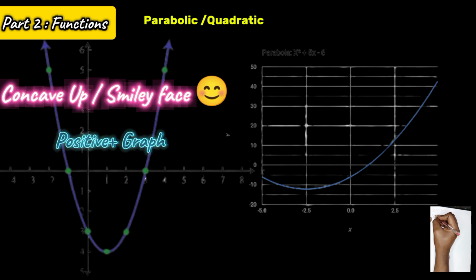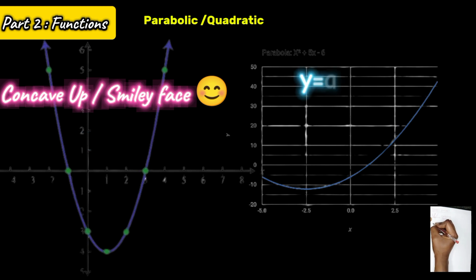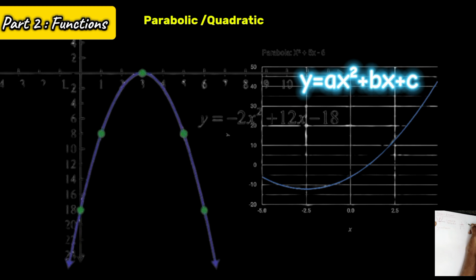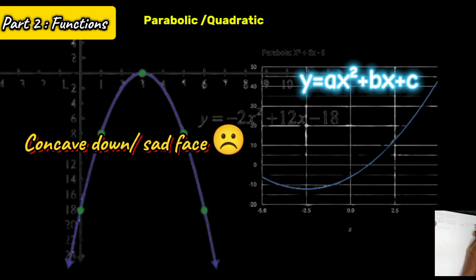So if we have this type of graph, meaning we have our formula represented as ax squared plus bx plus c. And then we have another one which is a concave down graph, or you can say a sad face graph.